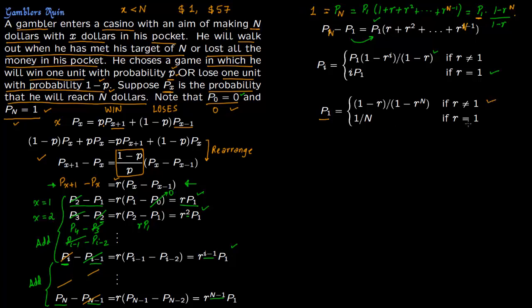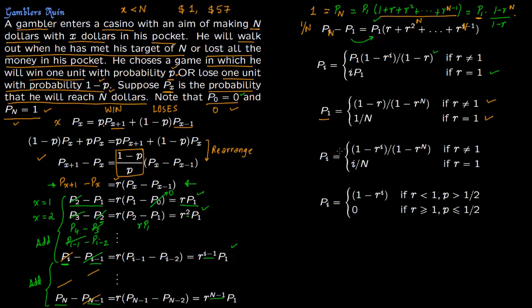Now if r is 1, then you add up all these terms, and now you have capital N terms. So n minus 1 terms which have all the r, which you set as 1, and then you add 1 to n minus 1, you get capital N. So again you solve for P1. P1 now comes out to be 1 by capital N. This is what you write here. Now you can substitute this P1 in this equation right here and right here.